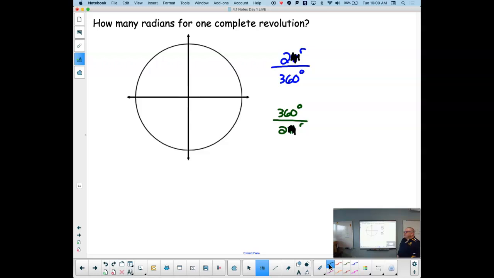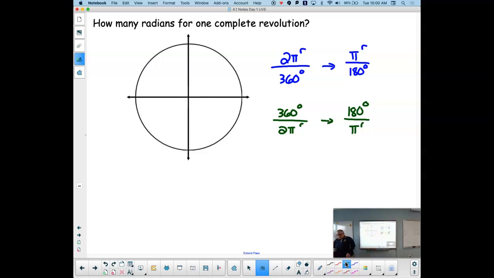Divide them both by 2? Yes, we can simplify our fractions. Command Z. There we go. So the blue one would simplify to be pi radians over 180 degrees. The green one would be 180 degrees over pi radians. Again, it's all in how you're looking at things.